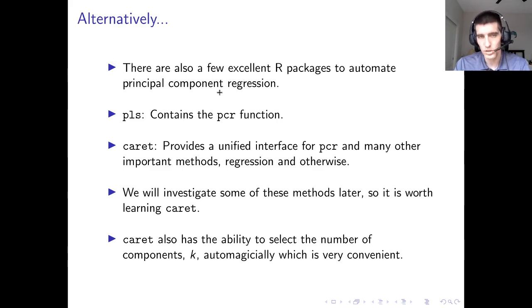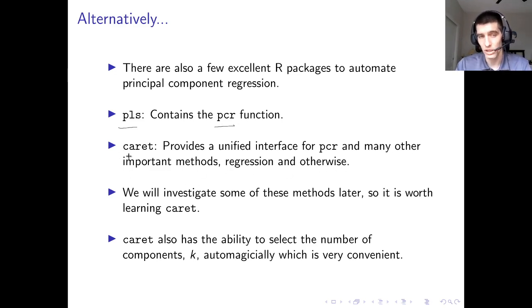So for principal component regression, the pls package contains the pcr function, pcr being principal component regression, which will allow you to build principal component regression models directly from the original predictors. The caret package is useful because it provides a unified interface for principal component regression and many other important methods, which we're going to discuss in this class.